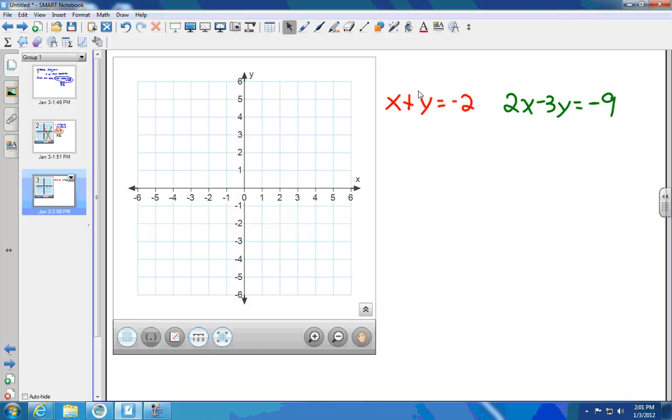So in this problem, you've got an extra step. You've got to solve both of those lines for y. You've got to get the y by itself.